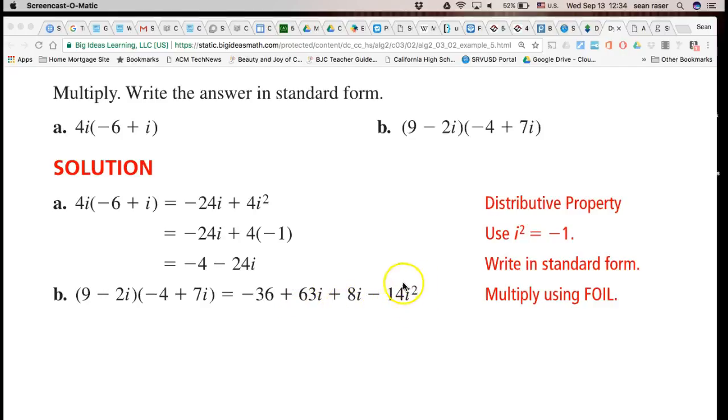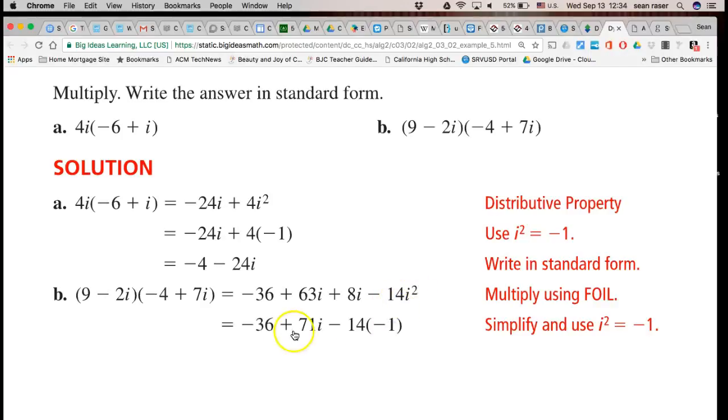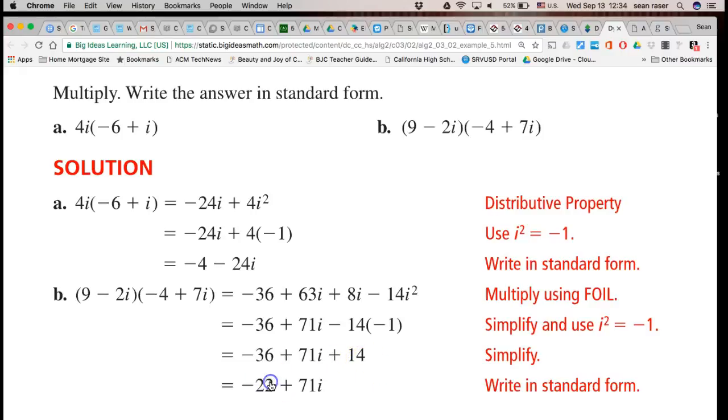Now remember, i squared, we're going to replace this with -1. So we're going to end up with minus 14 times -1. So we're actually going to have -36 plus 14 for our real part. So -36 plus 14, we're going to get -22 plus 71i.